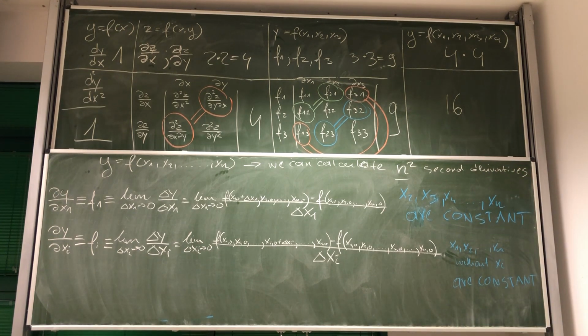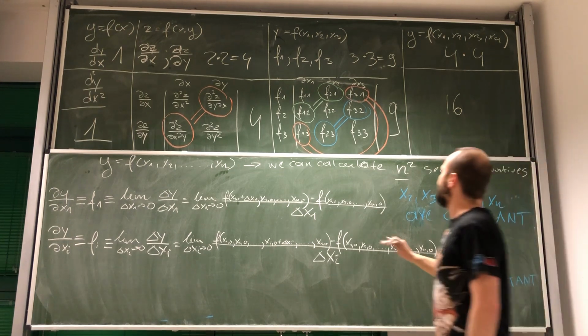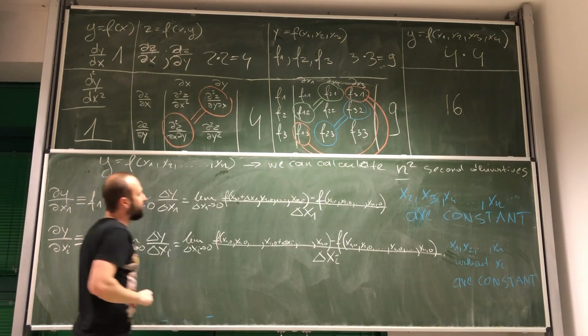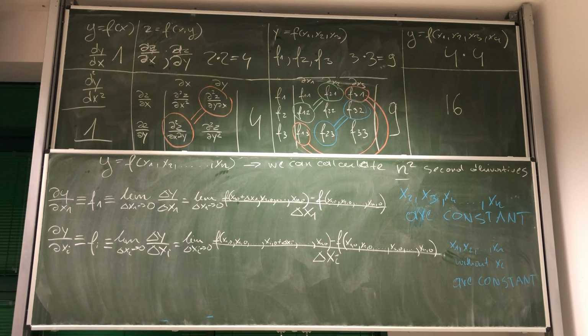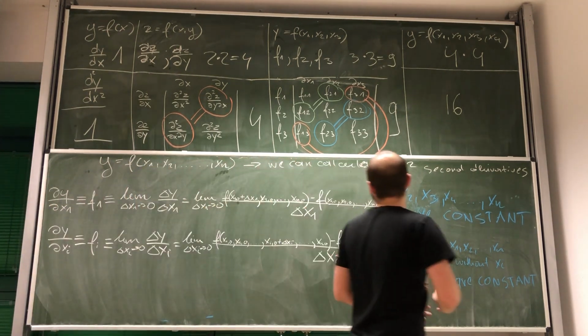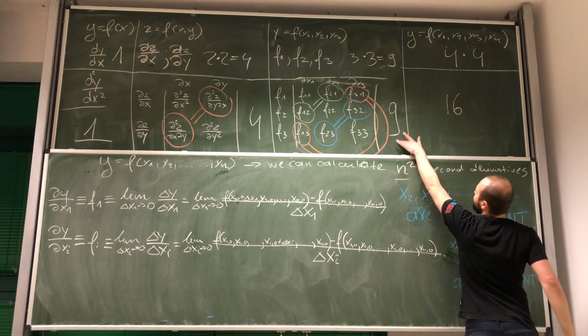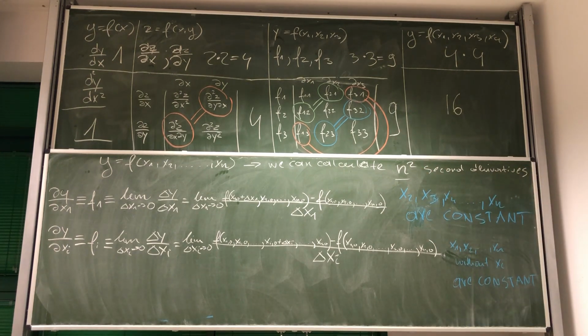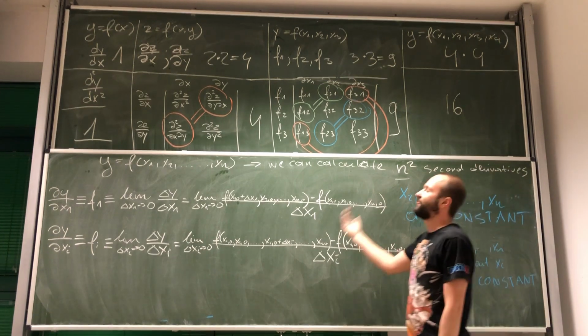Okay, but look, I just wanted to show you the rule. In the examples that we are actually going to do, we're not going to go beyond the case with 3 variables. But of course, I want you to know how it works, and we can actually go as far as we want.